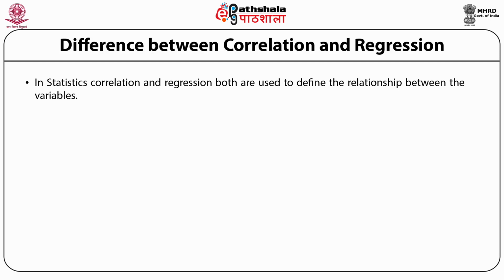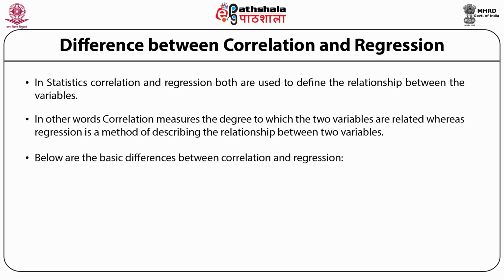That is, in addition to telling us about the degree of relationship between the variables, regression also tells us about the cause and effect relationship between the variables. In other words, correlation measures the degree to which two variables are related, whereas regression is a method of describing the relationship between two variables. Now we are going to discuss some basic differences that exist between correlation and regression.